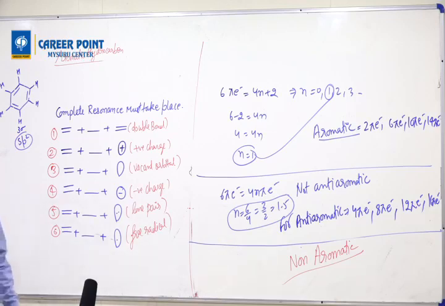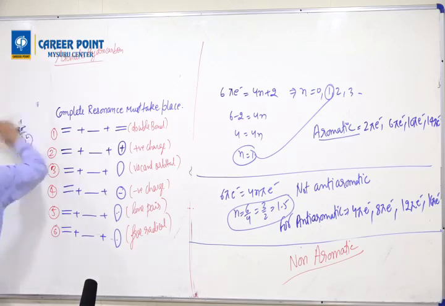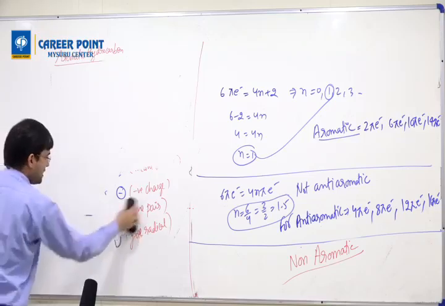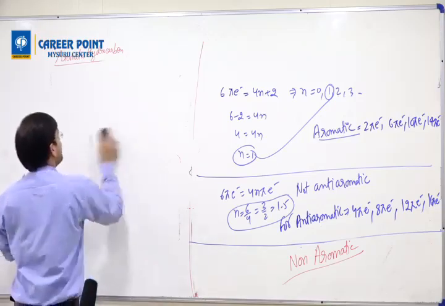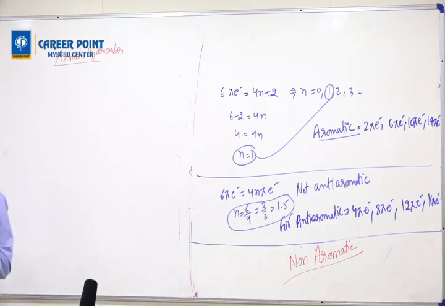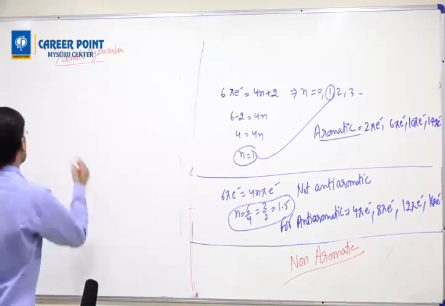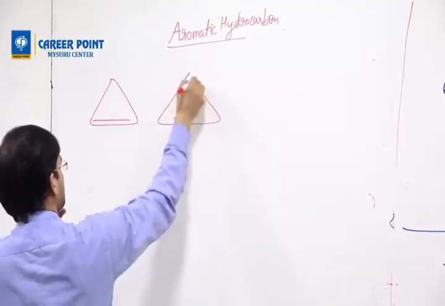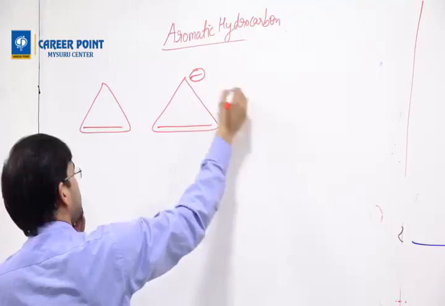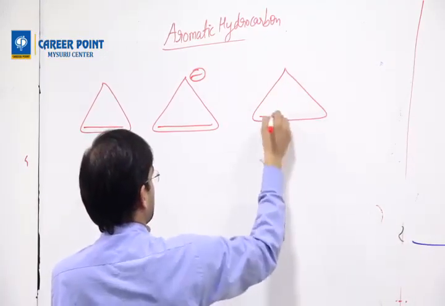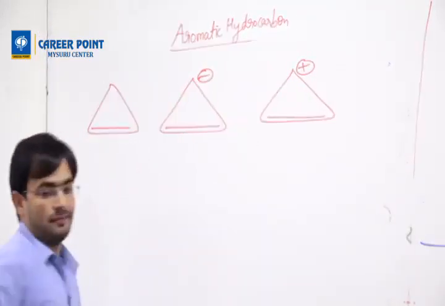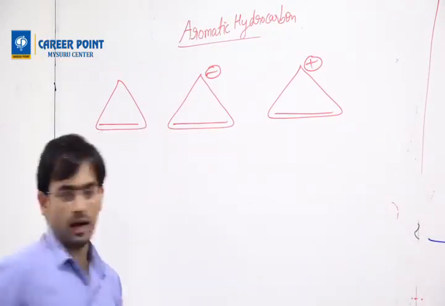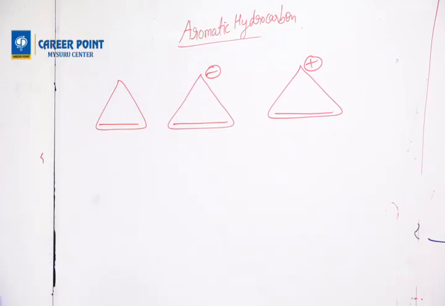Okay, so now we'll solve some problems. We have aromatic compounds with fewer than 6 carbons also, but they are not neutral compounds. So the first compound was like this. Tell me, which is aromatic, which is anti-aromatic, which is non-aromatic?